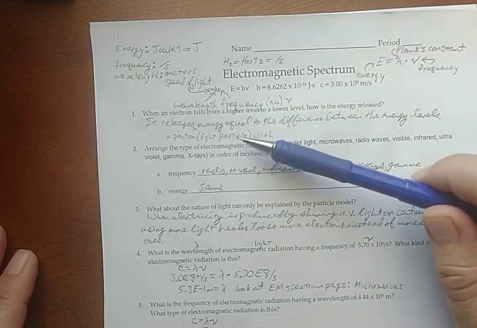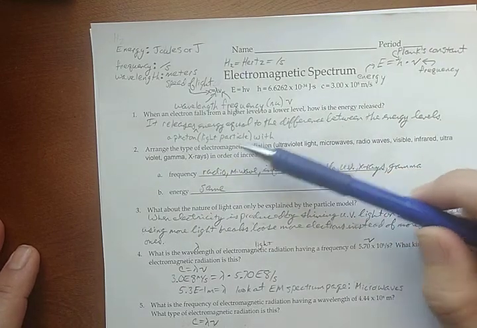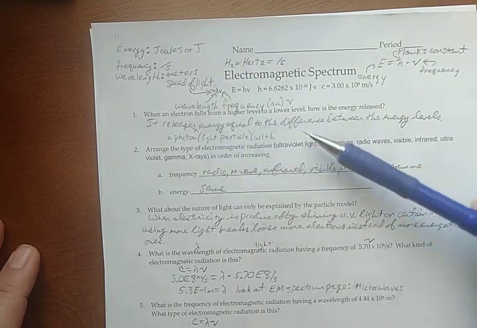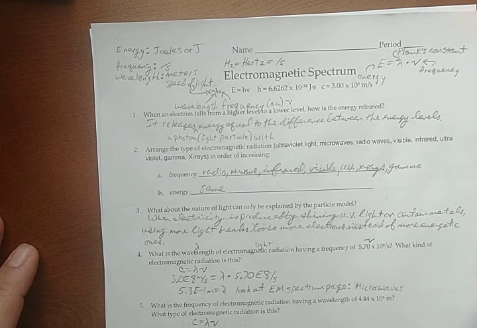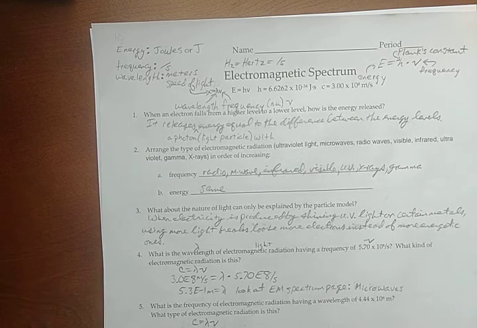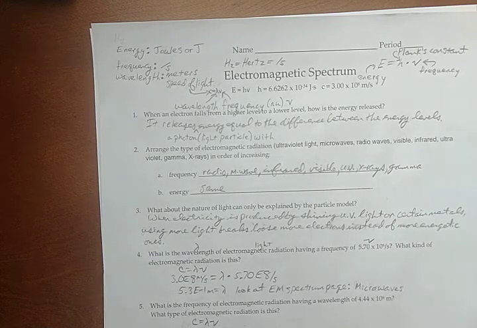Notice I had to correct this a little bit. It releases a photon, which is a light particle, with energy equal to the difference between the energy levels. So just for dumb numbers that aren't true, if level 4 to level 2 has an energy difference of 5 millionths of a joule, because the answer is going to be really small here.